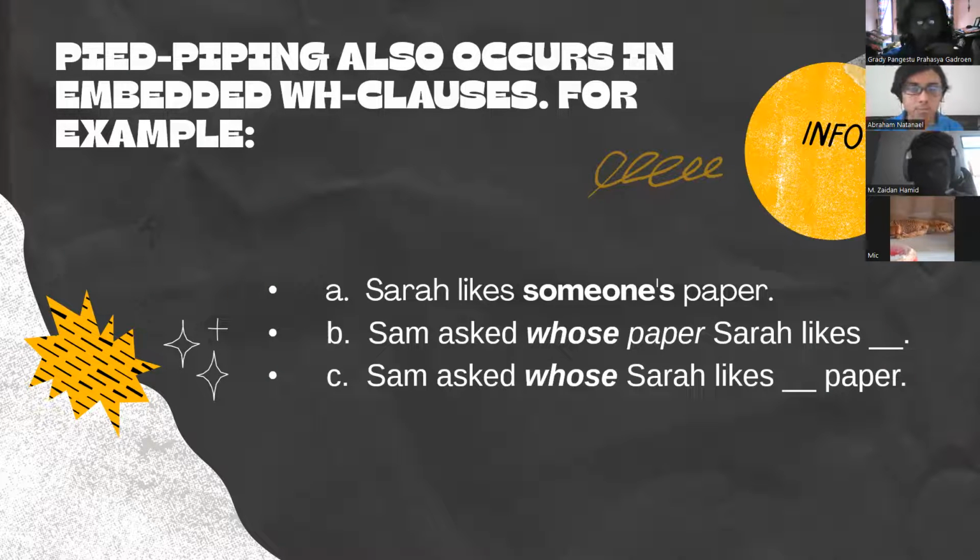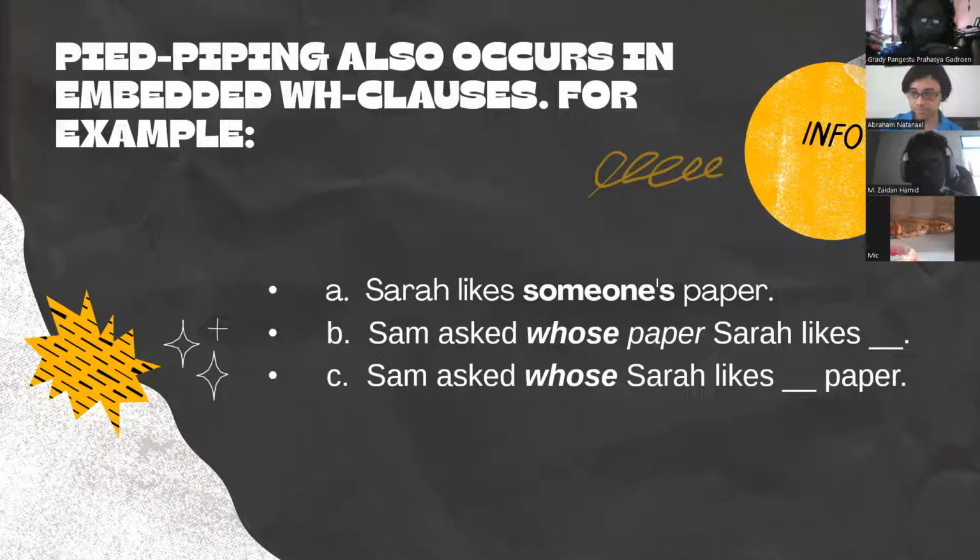pipe-piping also occurs in an embedded WH clause. For example, Sarah likes someone's paper. For the first sentence, it will be Sam asked whose paper Sarah likes. And then Sam asked whose Sarah likes paper.